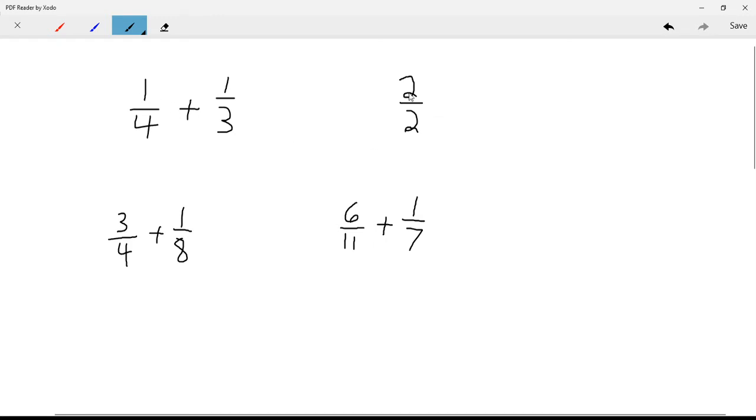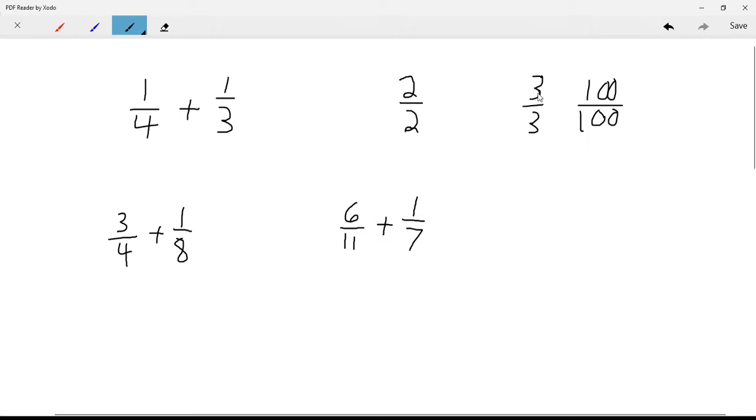And why this works is anytime you have the same number in the numerator and denominator, something like this, or like this, or even like this, anytime the numerator and denominator are the same, it equals 1, because it means you have a whole split into two parts, and you have both parts.